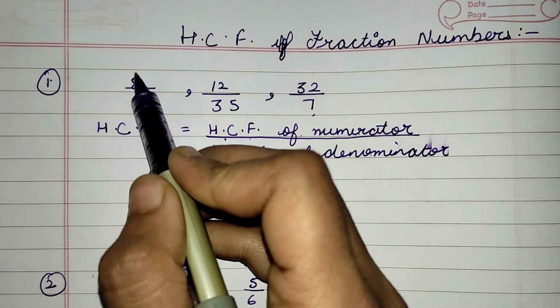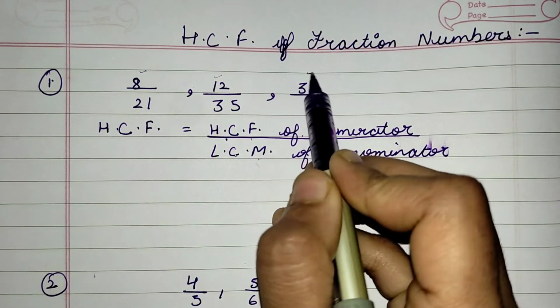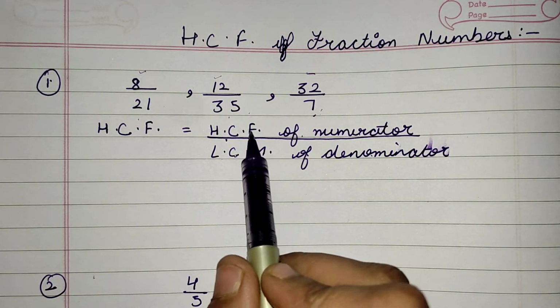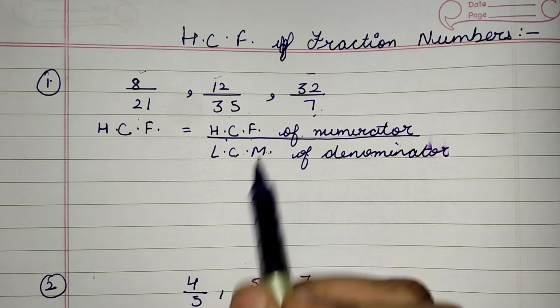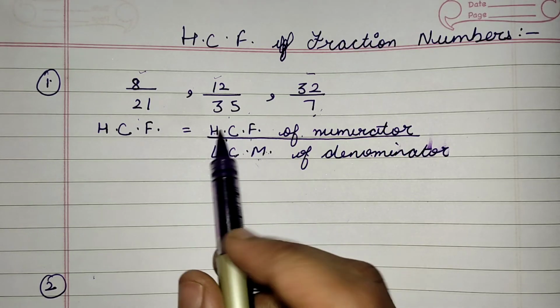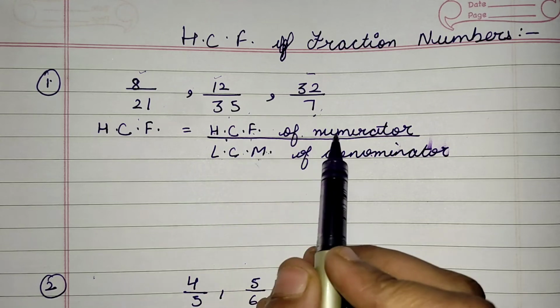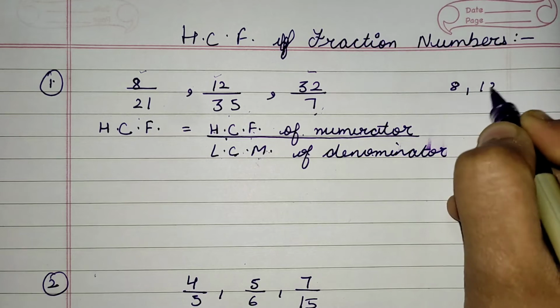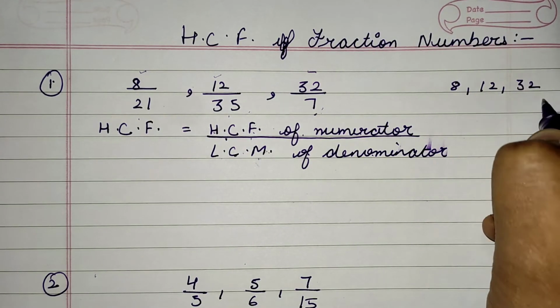So if you know the trick to find out HCF and LCM of given numbers individually, then you will be able to do this question very easily. First, we have to find out HCF of the numerators, which are 8, 12 and 32.